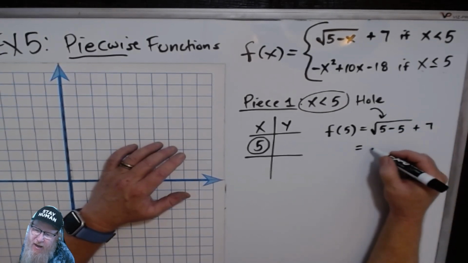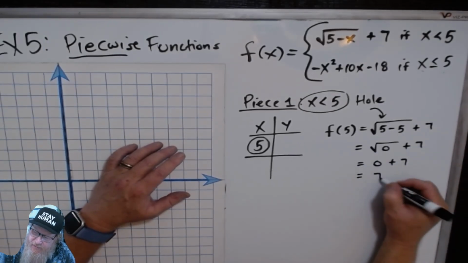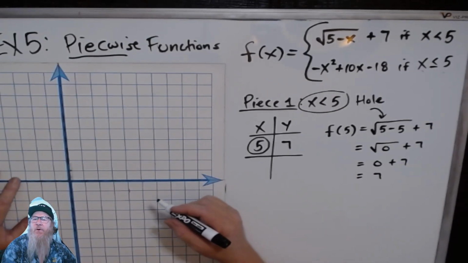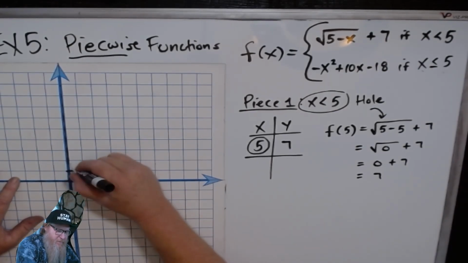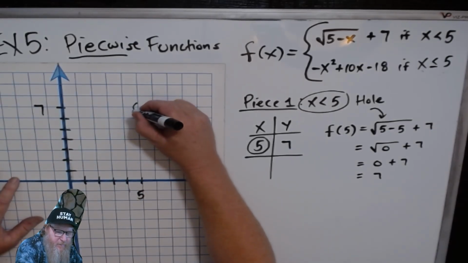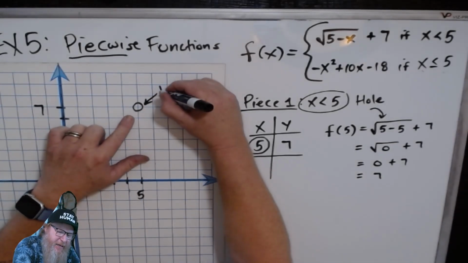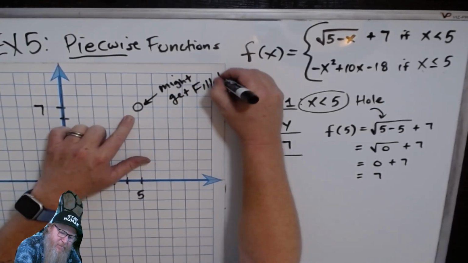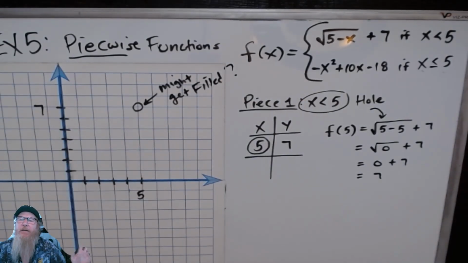It's not going to be a dot. And I'm going to get 0 plus 7, so 7. So I have a hole at (5, 7). Now, it might get filled in. I don't know. I'm going to wait and see.